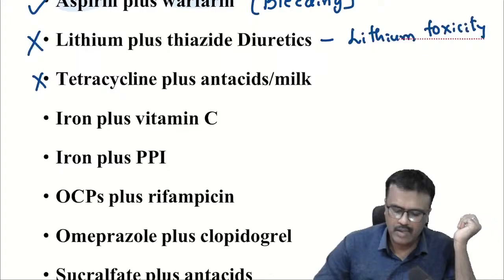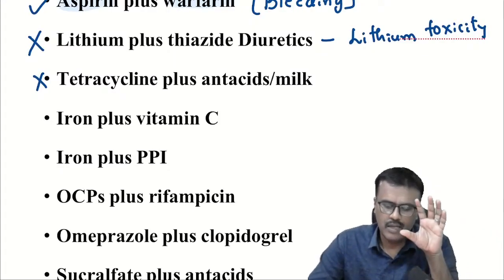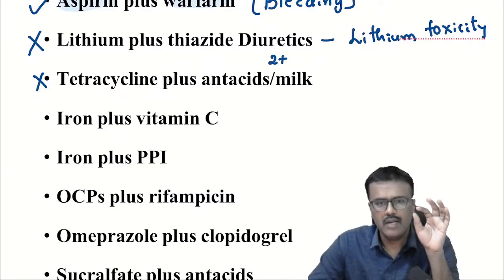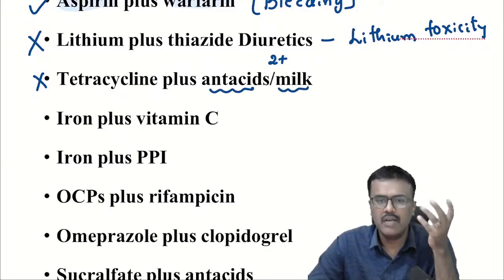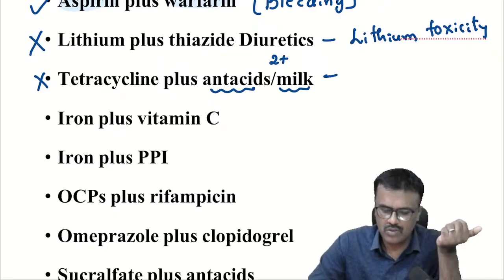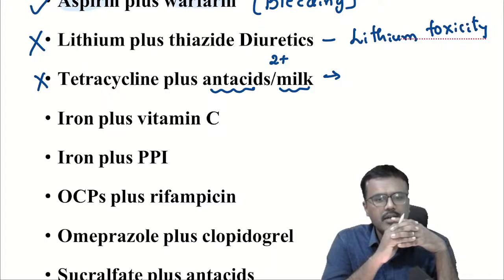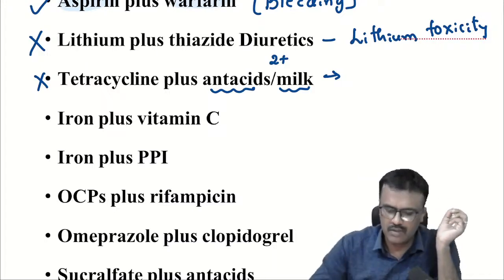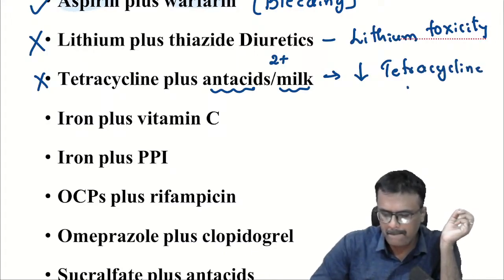Tetracycline and antacid or milk. Remember, tetracycline gets attracted to any bivalent ions like iron, Fe2+, calcium. So calcium is present in milk. Antacids contain magnesium, calcium. So they combine with tetracycline and tetracycline will not get absorbed. So don't give it. There is decrease in tetracycline absorption.